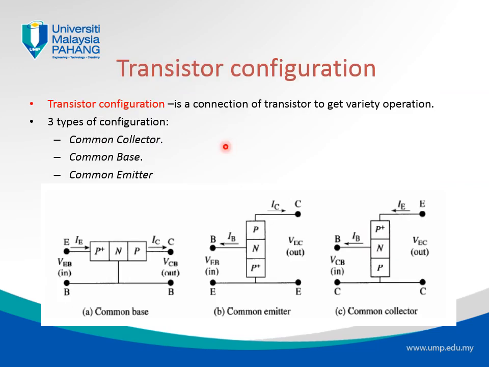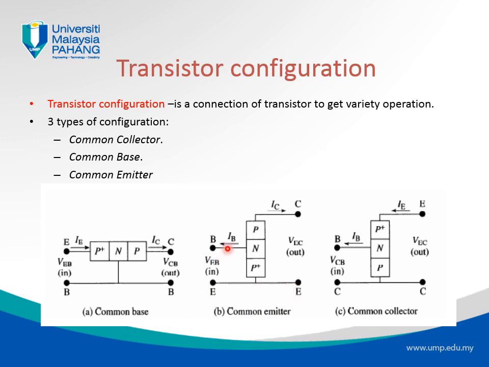So here we have the three types of transistor configuration. Transistor configuration defines the connection of the transistor with its input and output voltages, right? The three types are common collector, common base, and common emitter. Let's start first with common emitter, because it is the form that we use the most. In the middle we have the common emitter.